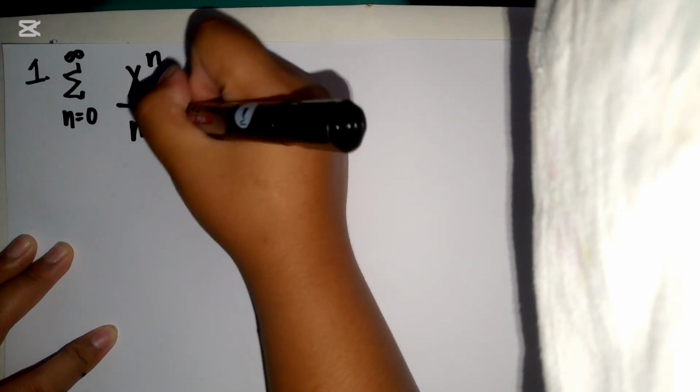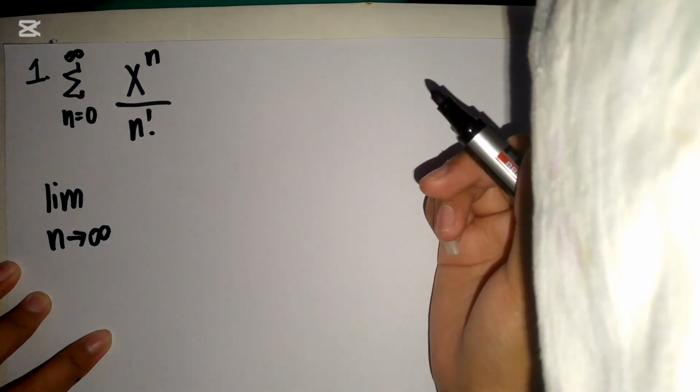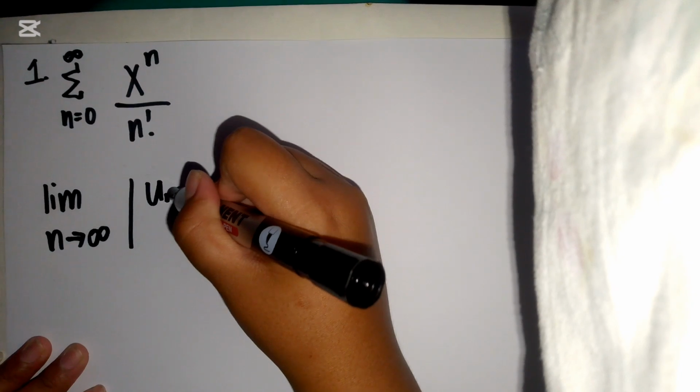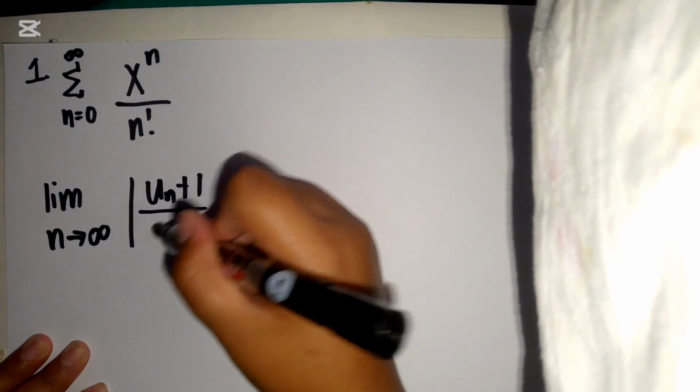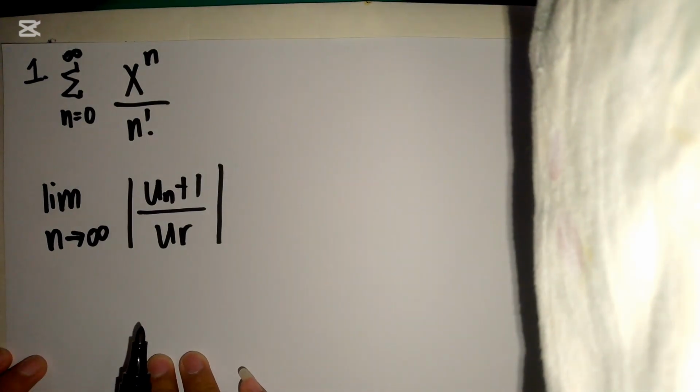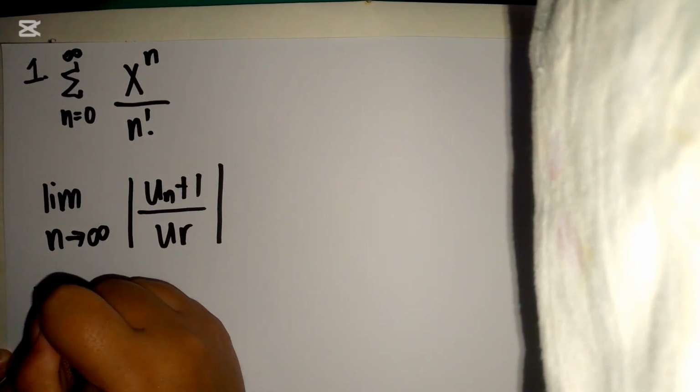Number 1 given is the summation of x raised to n over n factorial as n approaches infinity. So here we have the condition as the limit of n approaches infinity of u sub n plus 1 over u sub n will be less than 1.